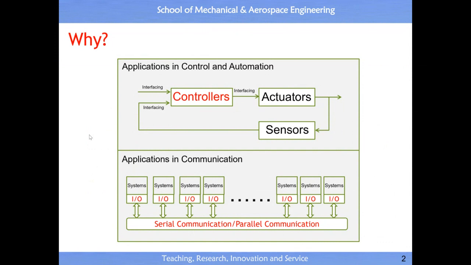The second scenario is the application in which there must be data exchange or data communication between two devices which connect to a network. So these are the two typical applications for you to make use of a microprocessor system. Okay, so that gives you the strong motivation to study this course.